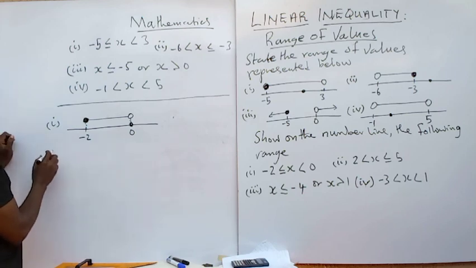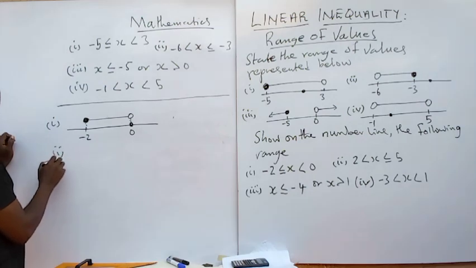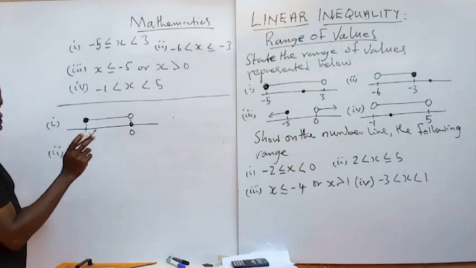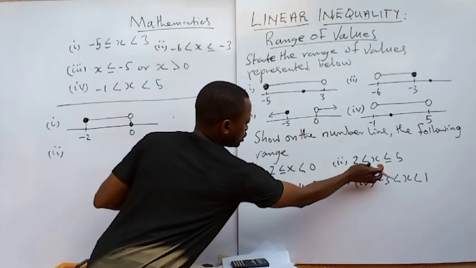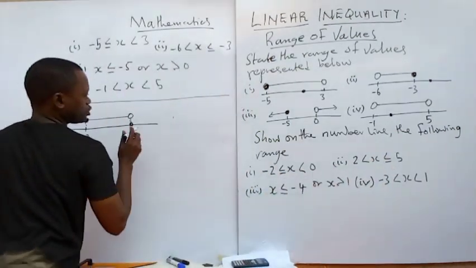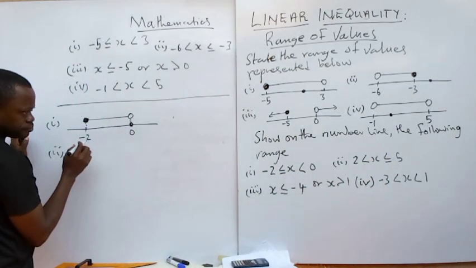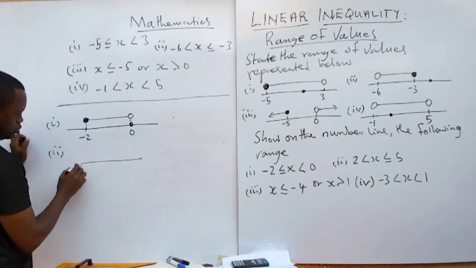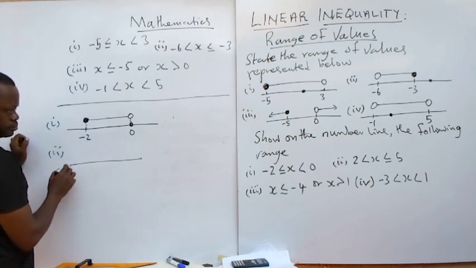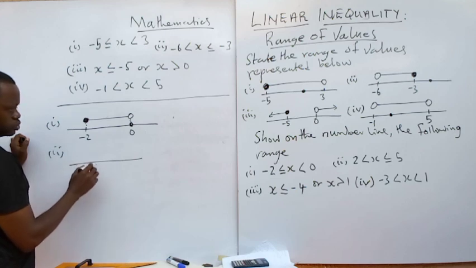I'm sure that interpretation is also taken. What about II that says 2 is less than x, less than or equal to 5? You put up the number line, and both are on the positive side.